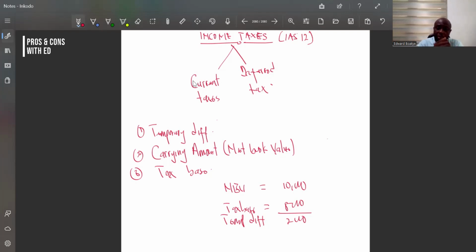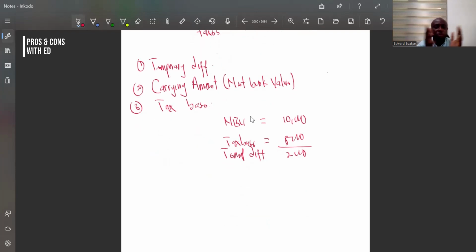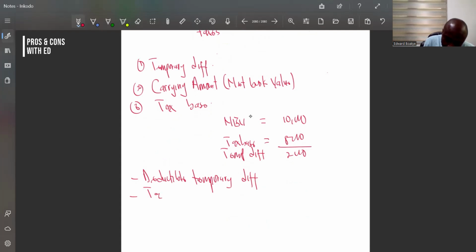We can get a taxable temporary difference or a deductible temporary difference.